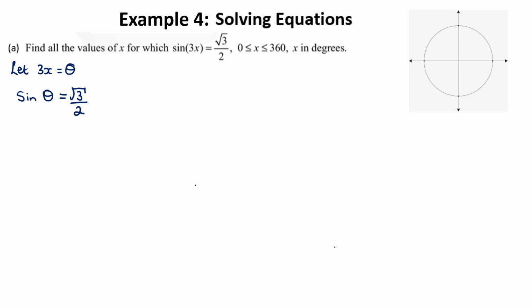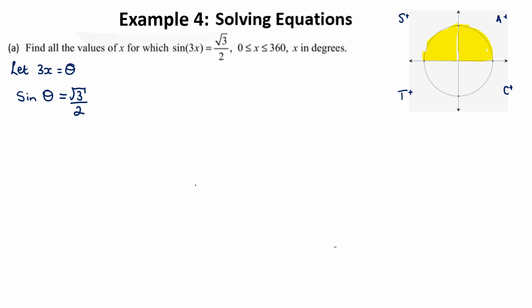So if I talk about sine of theta, sine is positive. If we go to our unit circle, there's cos is positive, all is positive, sine is positive, and tan is positive. We're dealing with the scenario that sine is positive, so we're dealing in this quadrant and in this quadrant.